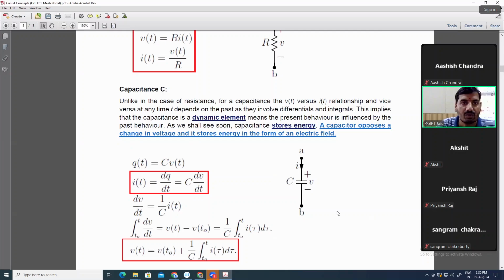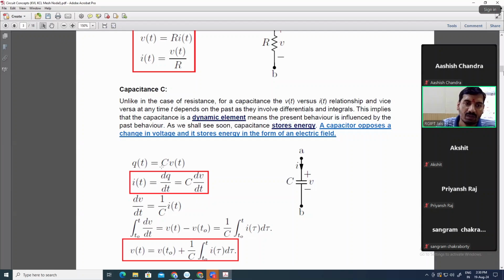The next is capacitance, where you can see the symbol of the capacitor, current flowing through the capacitor is I, and voltage across the capacitor is V. The relationship between voltage across the capacitor and current is related by the charge on the capacitor.